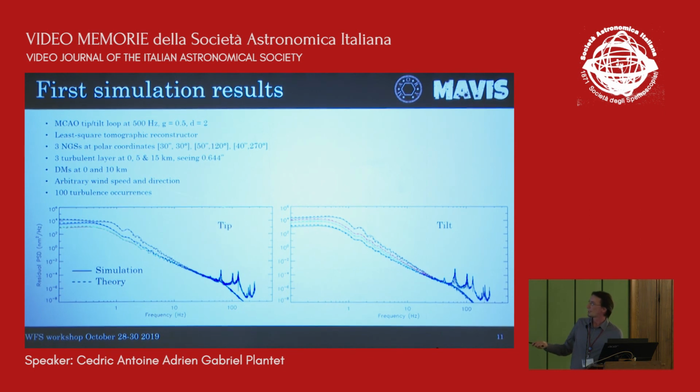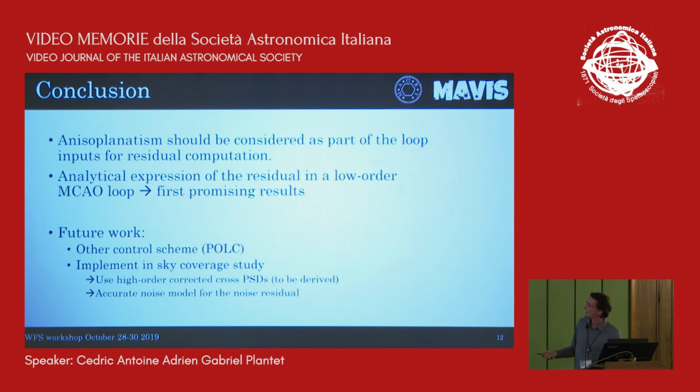I have arbitrary wind speed and directions, and I needed to have a minimum turbulence occurrences because you need to average the effects, especially at low frequency. It takes some time to average. And you have the simulations in line, the theory in dashed line. You see that the match is quite good. So we're quite happy about that.